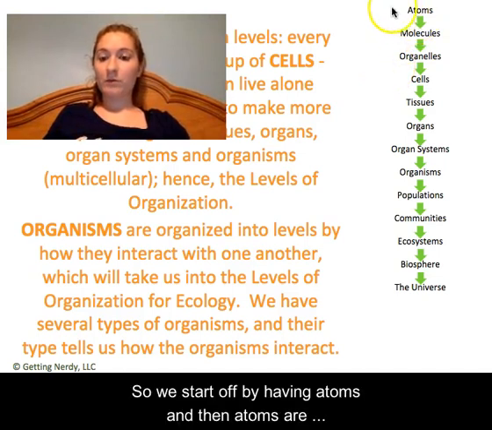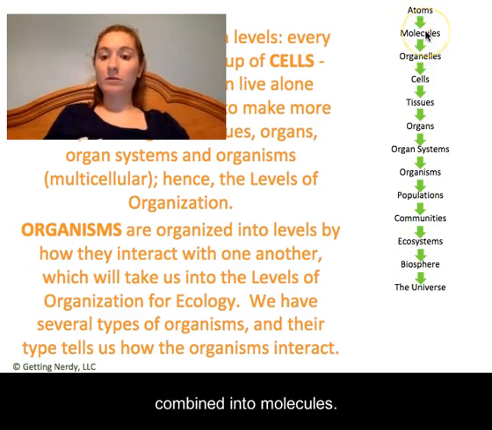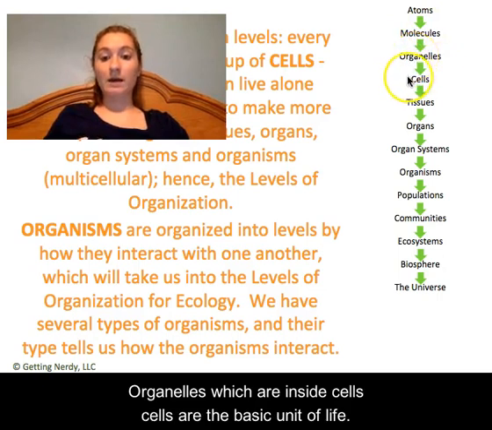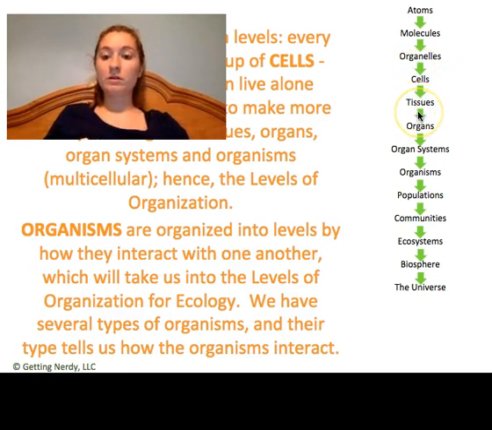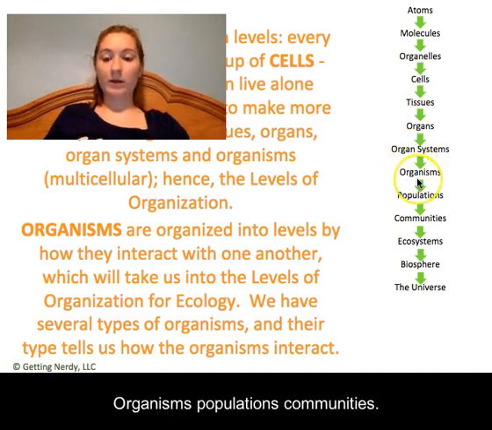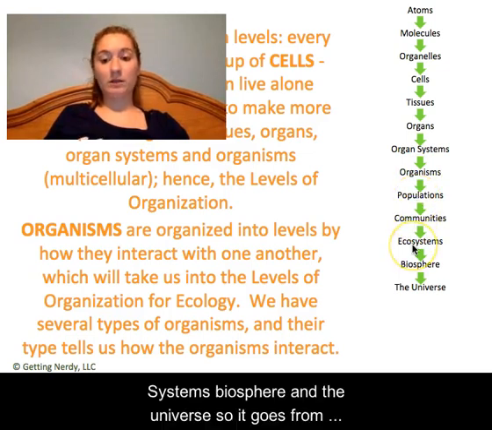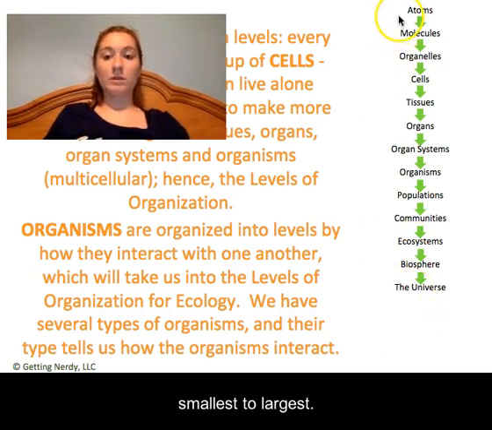We start off with atoms, and then atoms are combined into molecules, and then we make organelles, which are inside cells. Cells are the basic unit of life. And then we move into tissues, organs, organ systems, organisms, populations, communities, ecosystems, biosphere, and the universe. So it goes from smallest to largest.